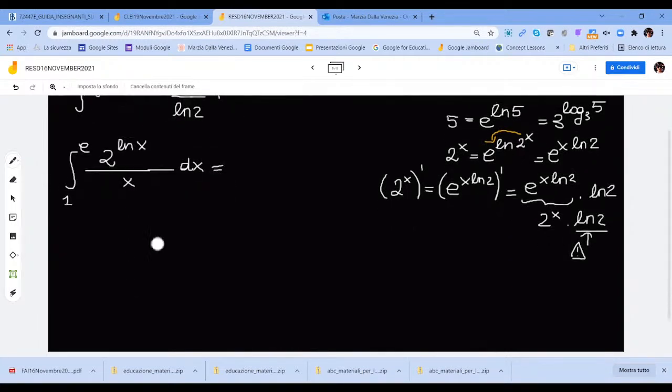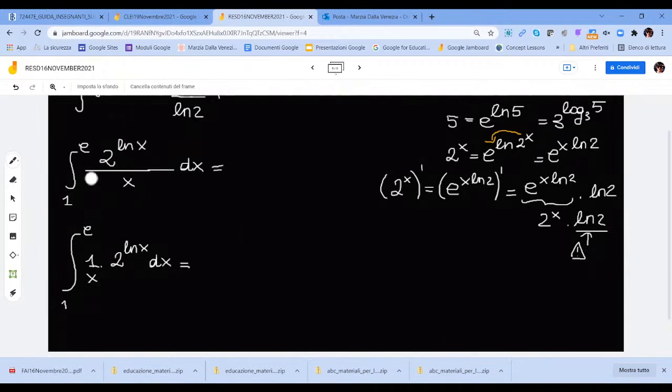And I think you can see this rule if you write 1 times 2 to the logarithm of x in the x. Okay, 1 over x, I'm sorry.